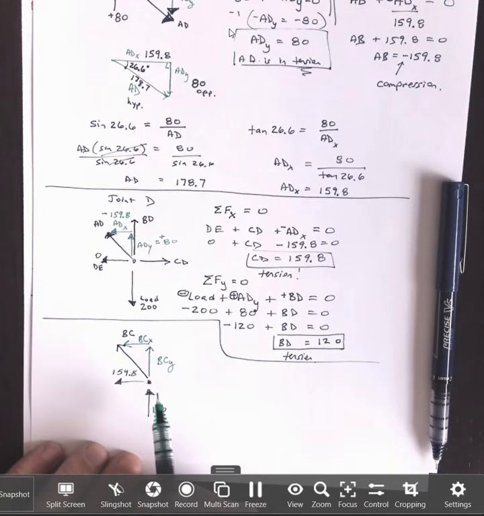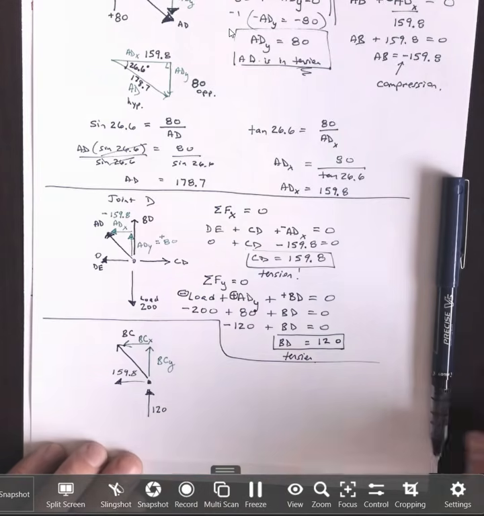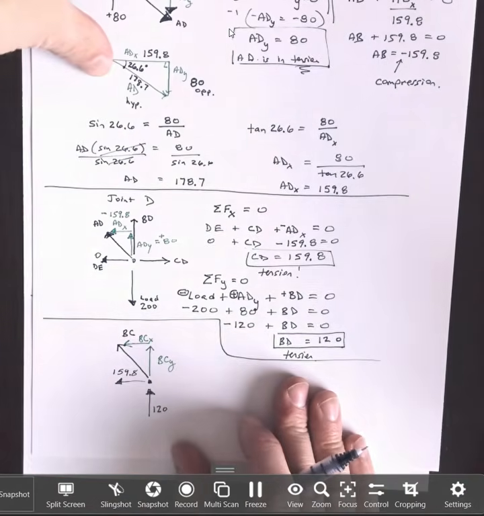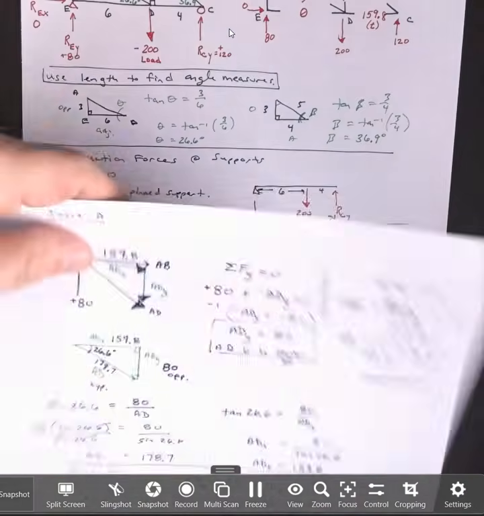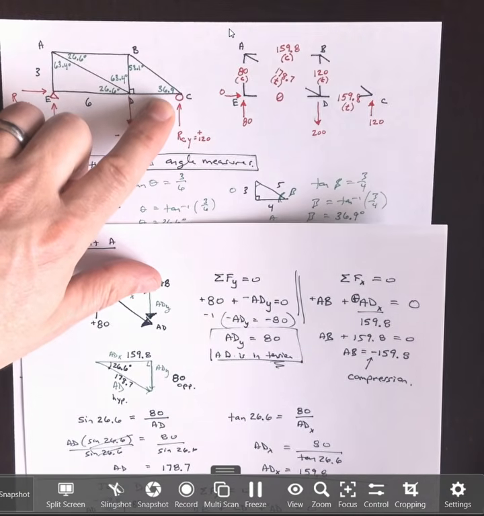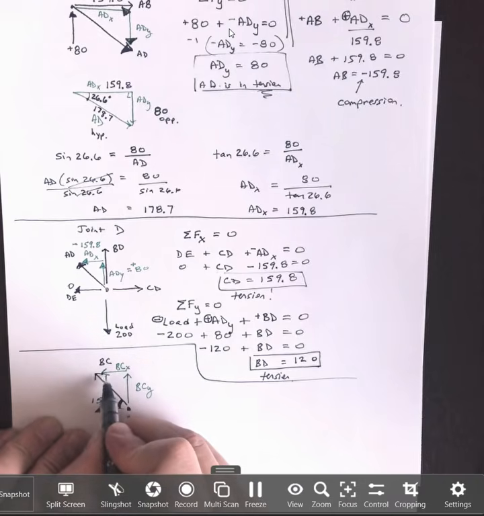Alright, and the way I drew those, I don't actually have the angle. If you're focusing on that triangle, the angle we found quite a while ago, that 36.9 degrees, is actually right here, which is alternate interior to this.